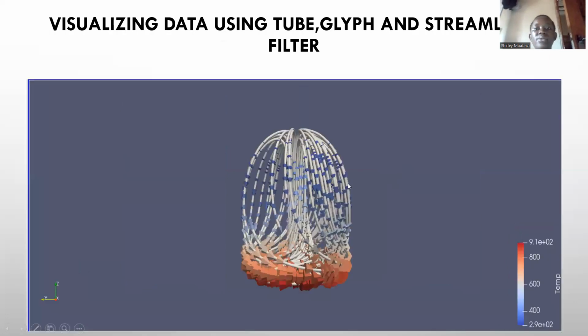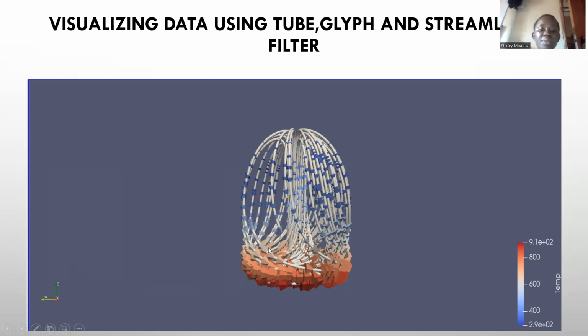And then yes, I also further analyzed it using the streamlines filter, the glyph filter, and also the tube filter. So the streamlines filter helps us to see the streams, on how temperature is moving in the data. I query the data according to temperature.